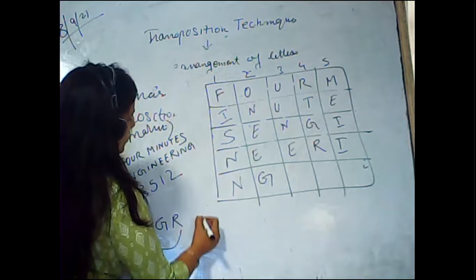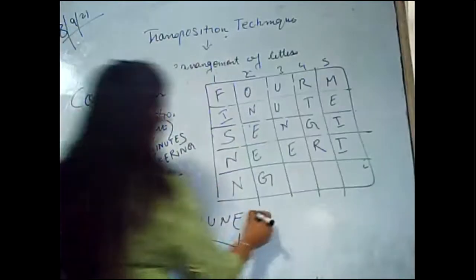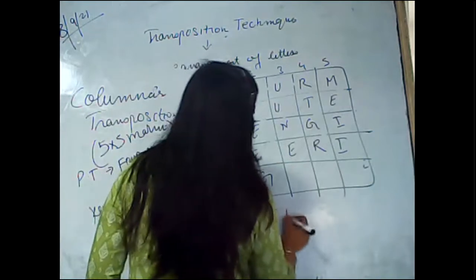Then we have the third column. What is that? U, U, N, E. This is my third column. Then I have the fifth column. What are the values? M, E, I, R. That is my fifth column. 4, 3, 5, 1, 2 is the key.